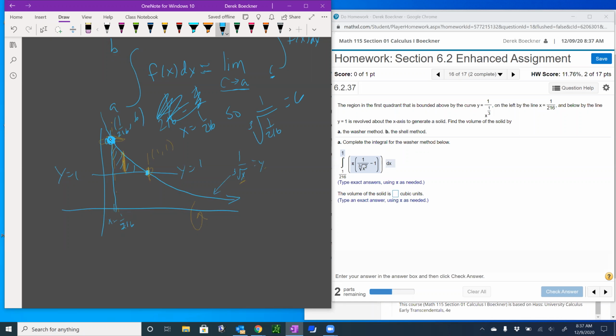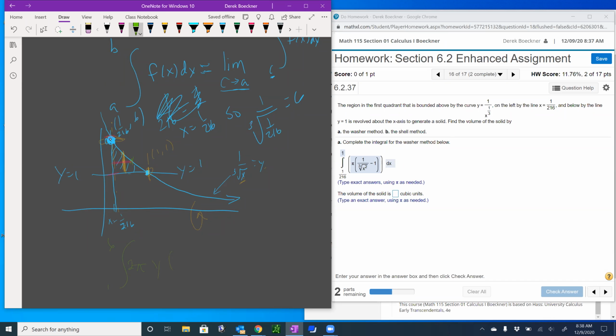That's my other point. And so for my horizontal strips, which is going to give me shells, they're going to start here at 1 and they're going to end at 6. So I'd have something like the integral from 1 to 6. The shells are going to have 2 pi. The radius is going to be y.